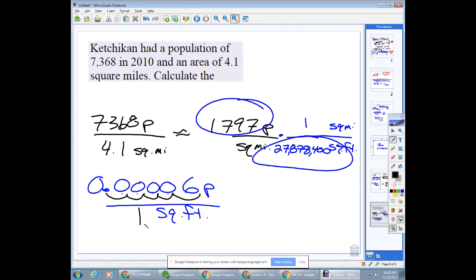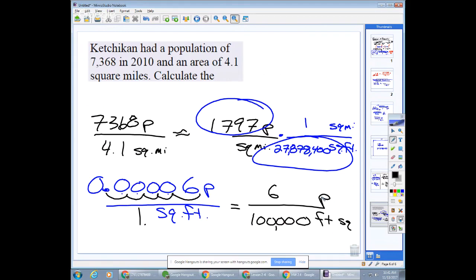Decimal point's here, so I'm going to have to add a 0 for every place I move. So I could rewrite this as 6 divided by a 1 with 5 zeros. So that means there's 6 people for every 100,000 square feet.